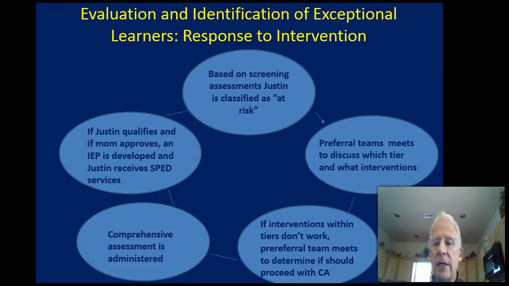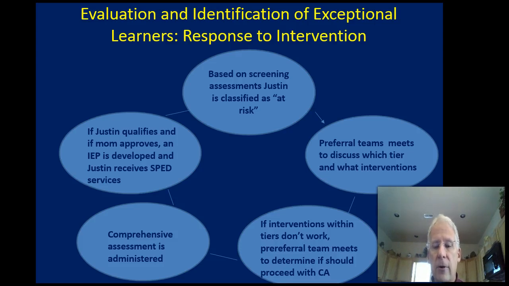The pre-referral team meets to discuss which tier and what interventions should be used, and we'll talk about tiers in a minute. There are 3 tiers, and at each level the interventions become more intense, but let's say that none of those interventions work.